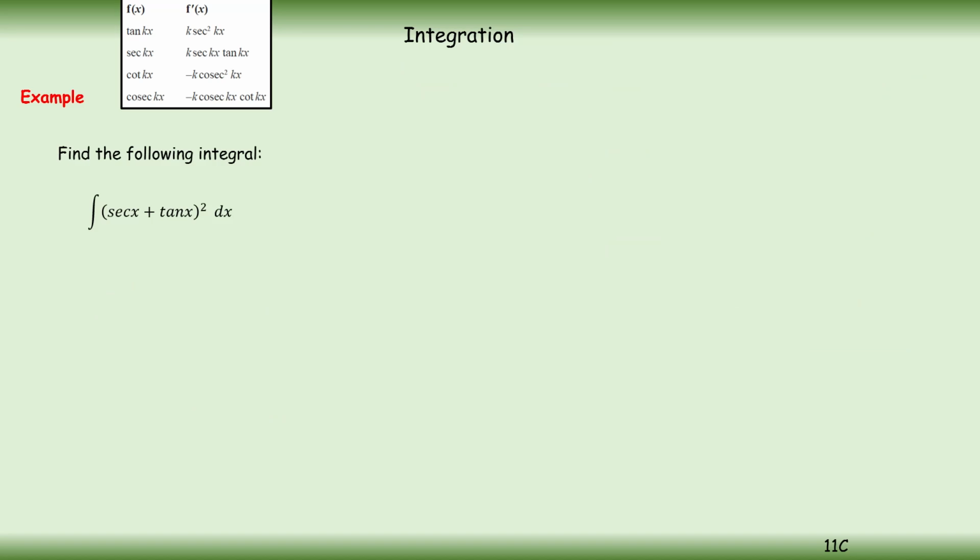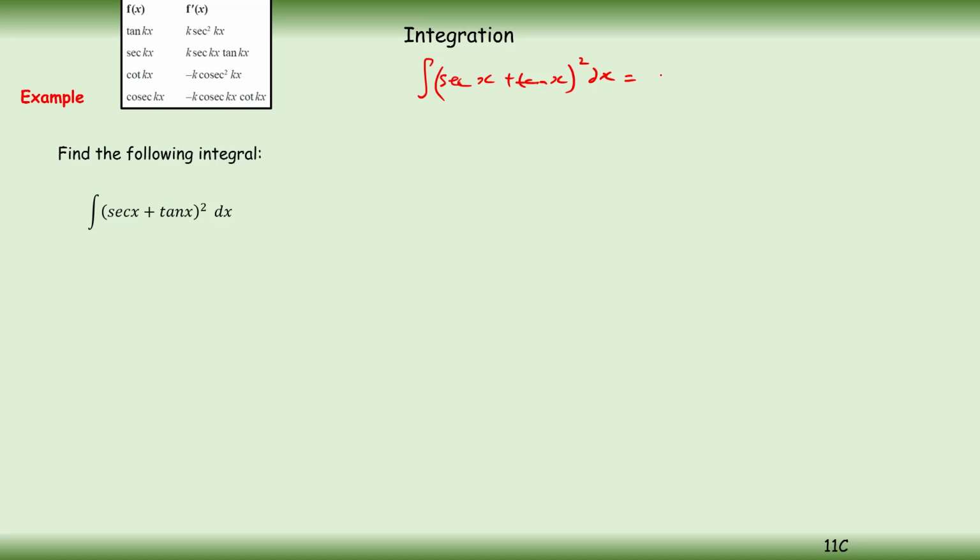Okay, in this example, we've got to integrate sec x plus tan x all squared with respect to x. Well, first things first, what we've got to do is expand the brackets. So we're going to expand the brackets out, see what we've got then. Okay, so the integral of sec x plus tan x all squared with respect to x.